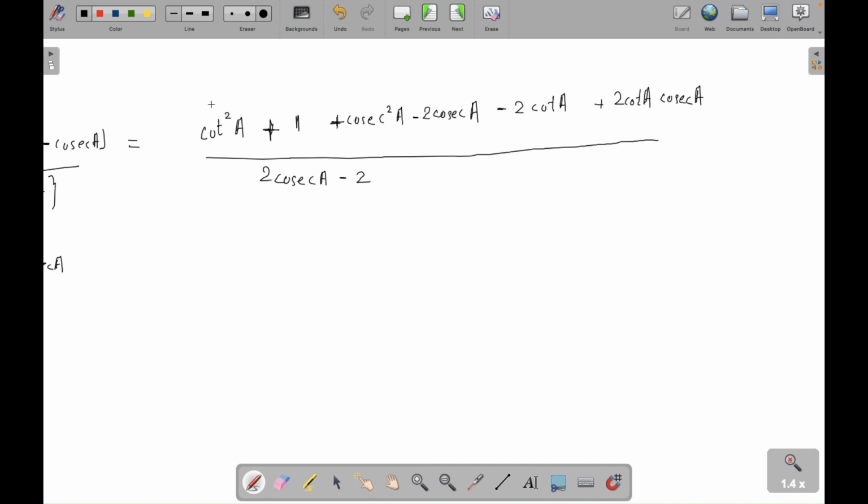So we'll write cot square A plus 1 as cosec square A. We can write it like this because it is given.